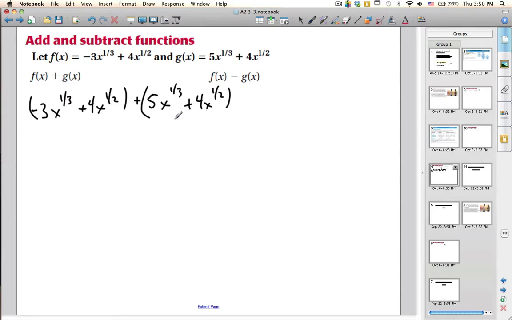Now, in all practical sense, when I'm adding, nothing really changes when I take the parentheses off. It's just important for you to keep these really good habits of putting parentheses on things when you're saying one value plus another value. If those values have multiple terms, it's best if you just start off by putting parentheses around them and then appropriately take the parentheses off and combine like terms. That's what we're going to do. When I combine with the plus, nothing really changes.